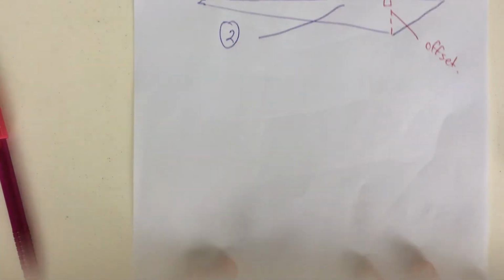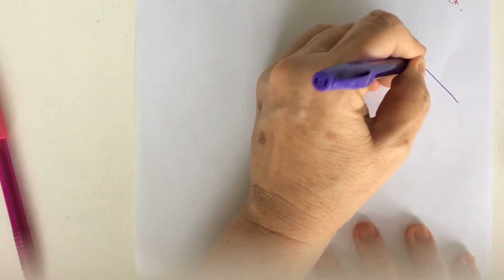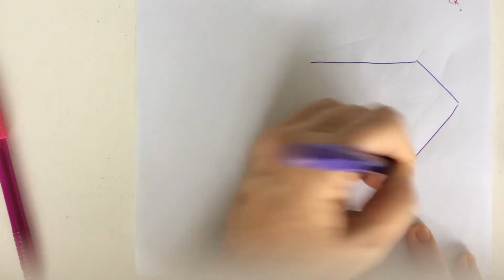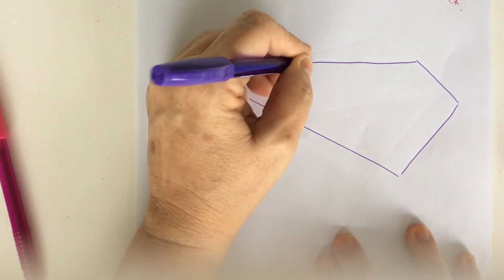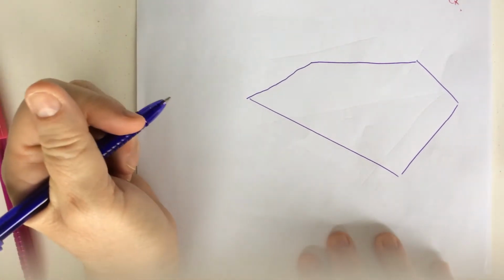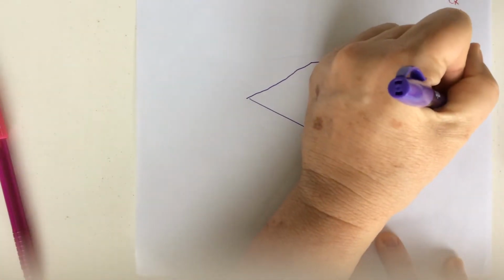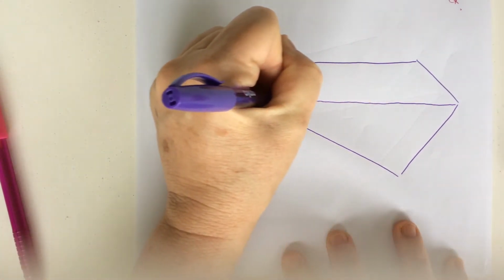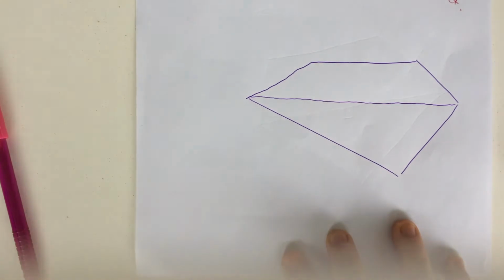Let's have a look at a figure with more sides. Say we have something like this. What we've got here is an irregular shaped pentagon. In this case we will do a similar sort of thing. We divide the figure so that there are two pieces.